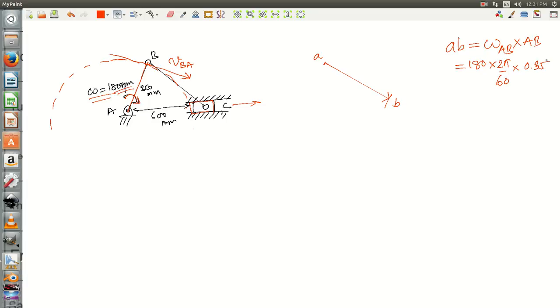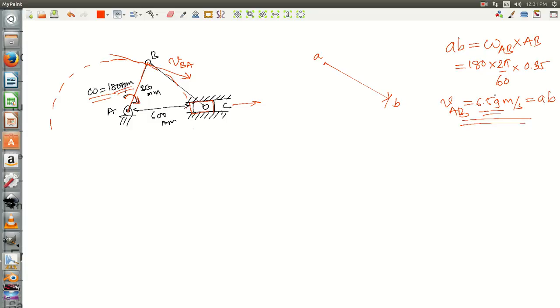So calculate 180 into 2 pi into 0.35 divided by 60, which is equal to 6.59 meters per second. This is the velocity of AB.